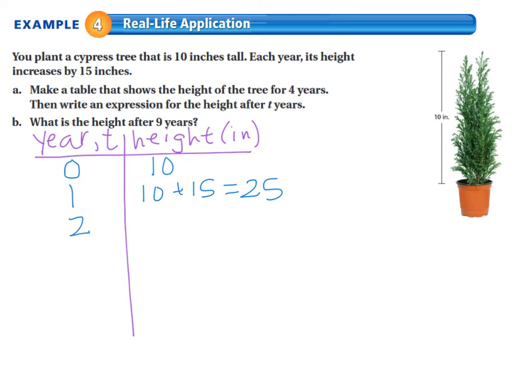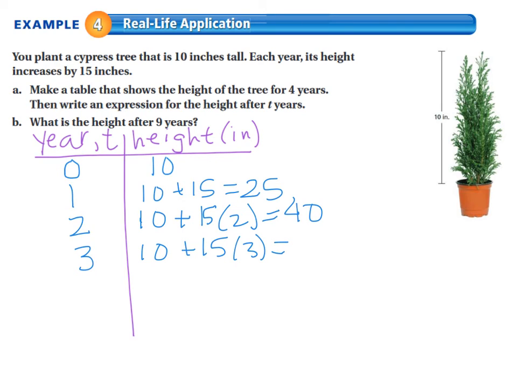Year 2, it's going to be 10 plus 15 times 2. 15 times 2 is 30, plus 10, and that's 40. After 3 years, I have the 10 that I started with, plus 15 inches times 3 years, and 15 times 3 is 45, plus 10, that's 55 inches.